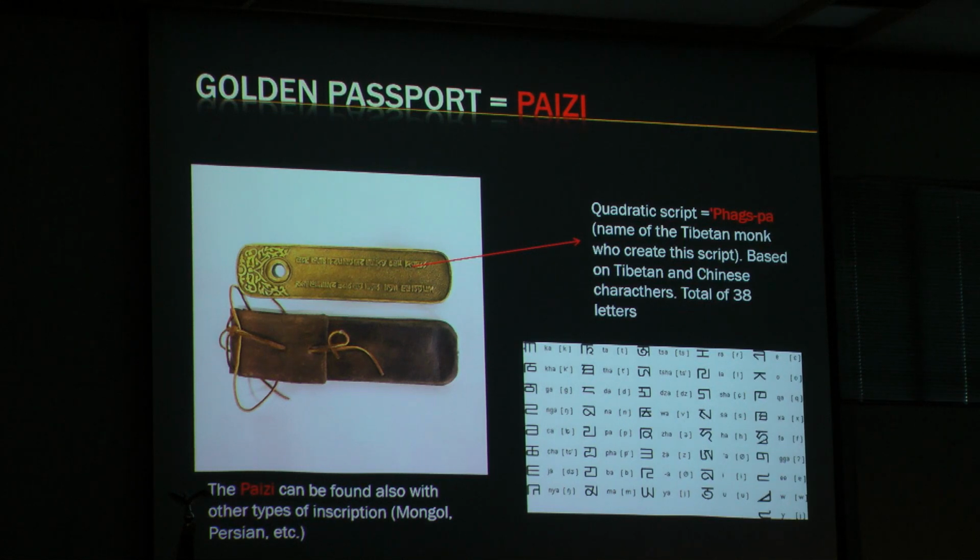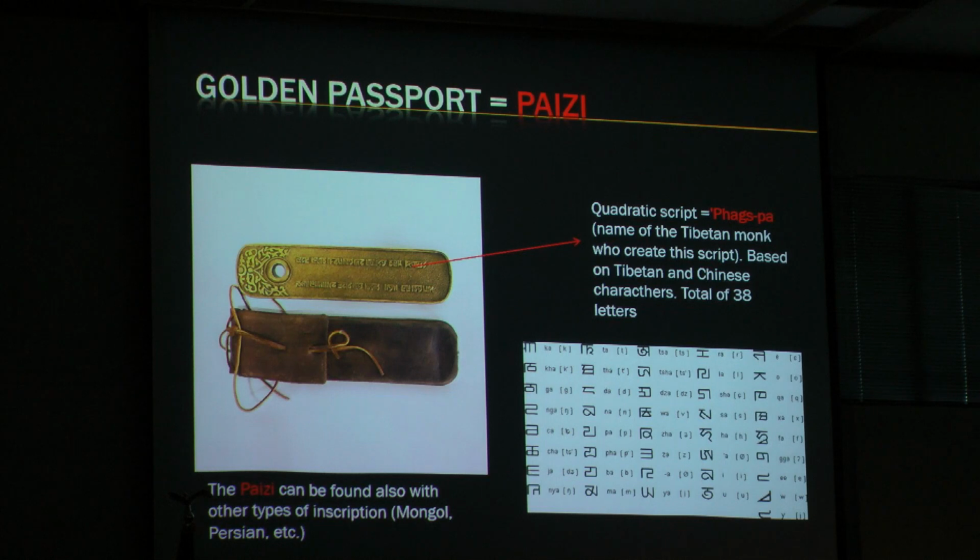Kublai Khan commissioned the Tibetan monk Phags-pa, from whom the name comes, to create a national and simplified script, which the monk based on Chinese and Tibetan characters. This type of script did not survive for too long, actually.